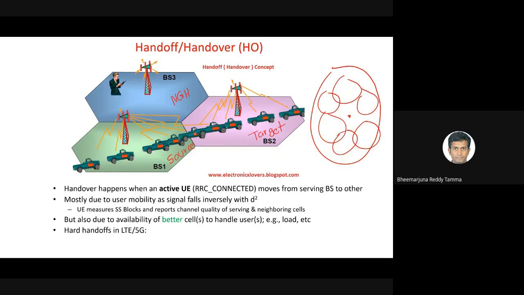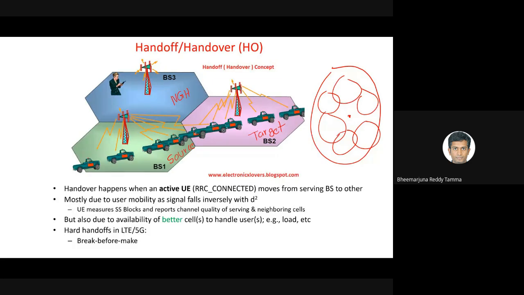And when it comes to 5G NR and even LTE, the handovers that we have are called hard handovers. These are not soft handovers. What I mean by hard handovers is that these are break before make. In this example, the user equipment is connected with base station 1 and is moving towards base station 2.